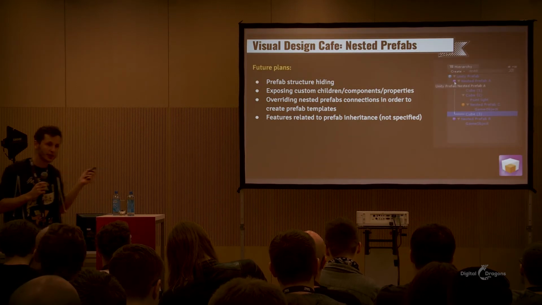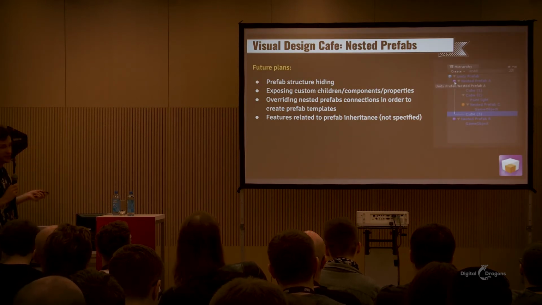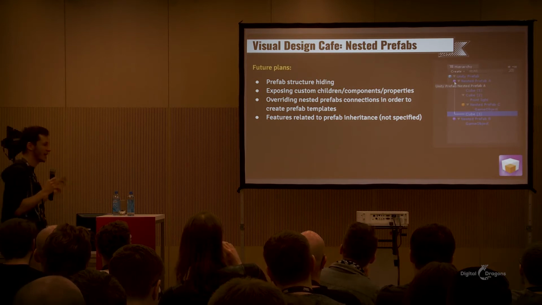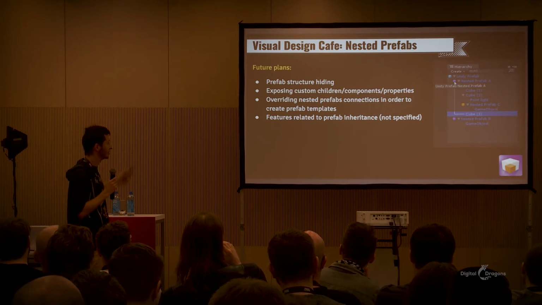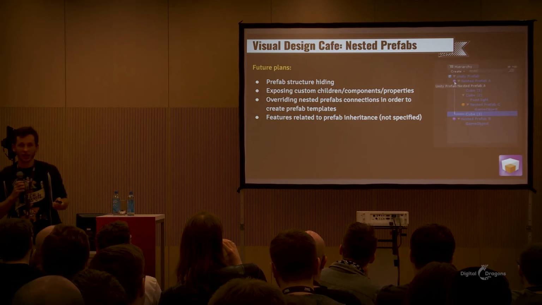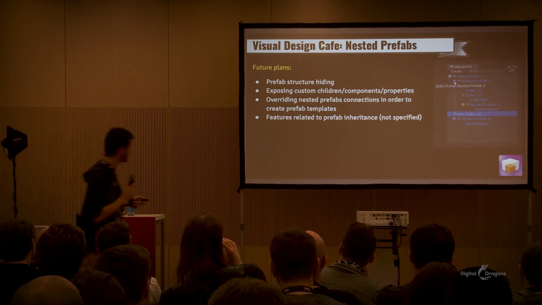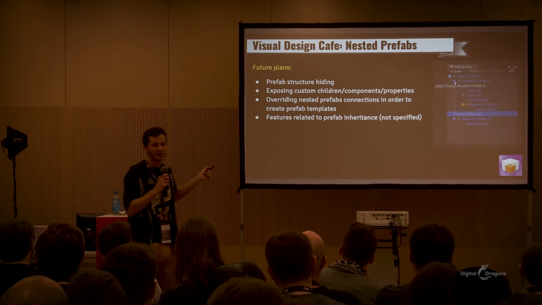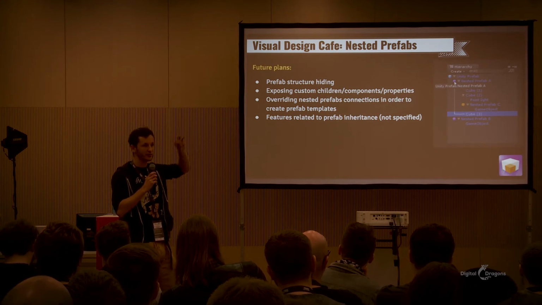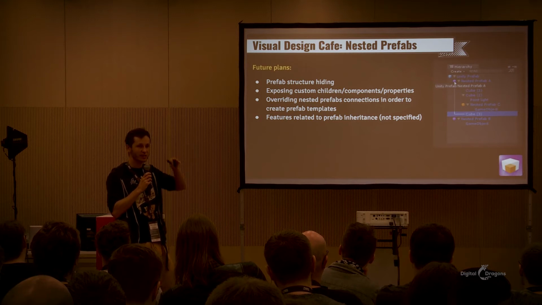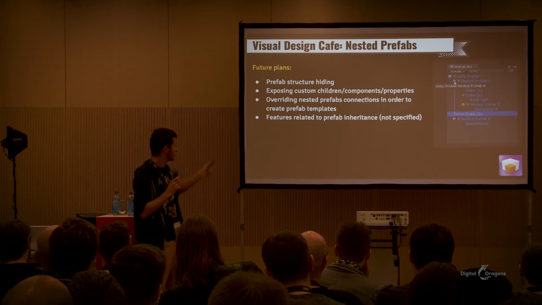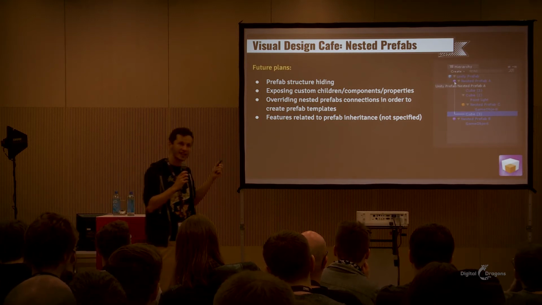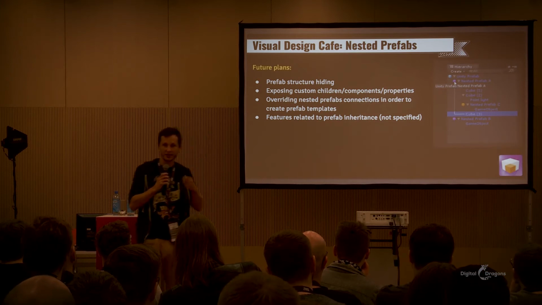And then I reached out to the developer. He still has some plans to develop the plugin further. He wants to add some features to hide the prefab structure, to have a less populated scene with objects, and just expose custom properties and components for designers or artists.